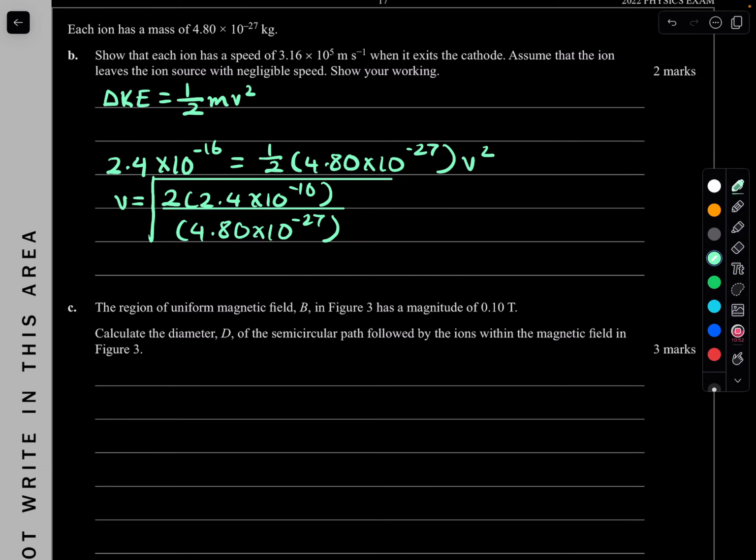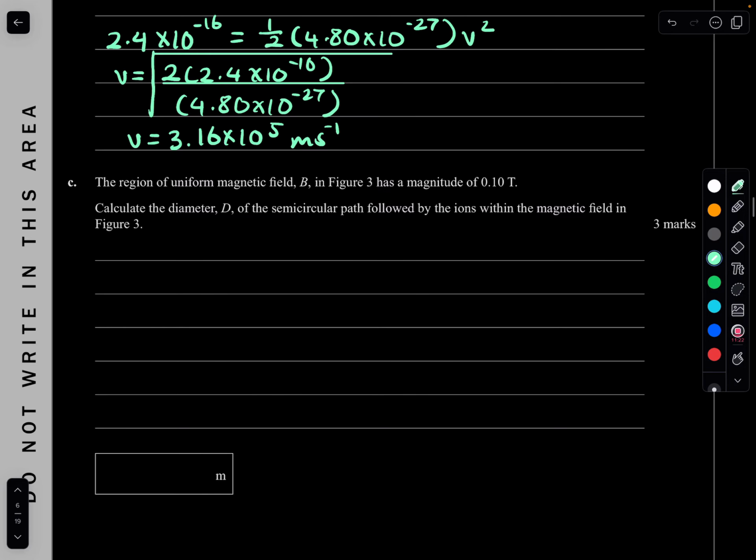Beautiful, so let's check that. That gives me your velocity is 3 point, we're just trying to show it's the same. It is the same. So 3 point, yep, basically 1.6 times 10 to the power of 5 meters per second. So we've shown it. That's it.